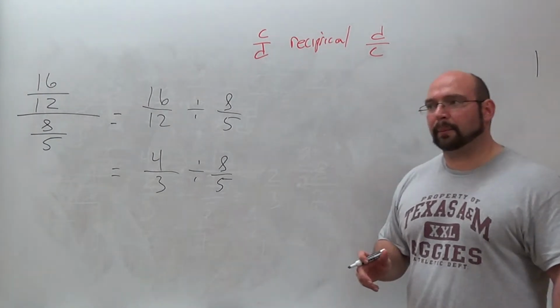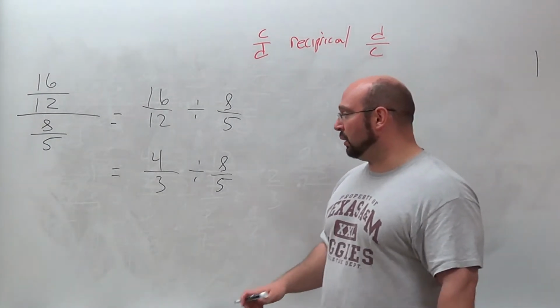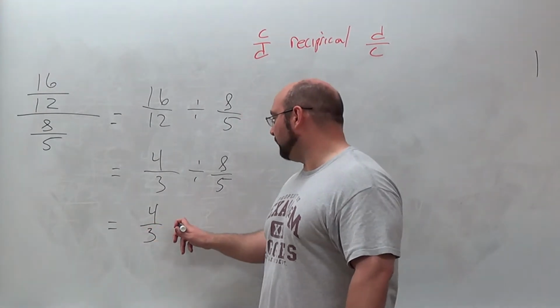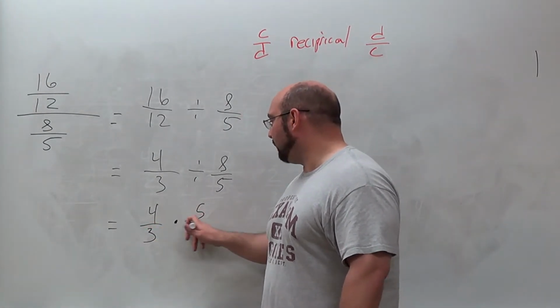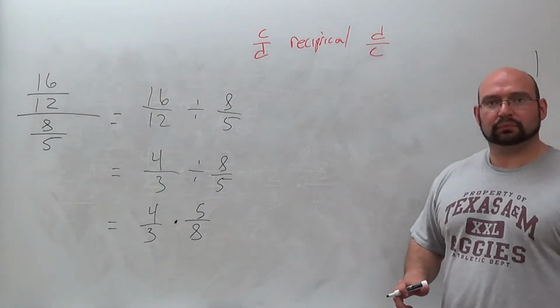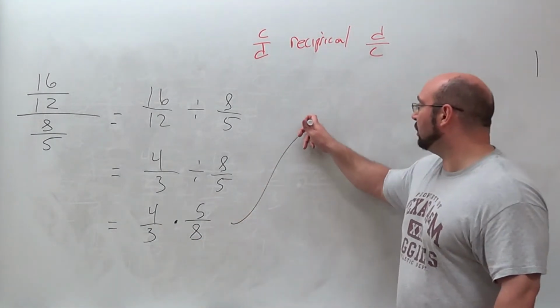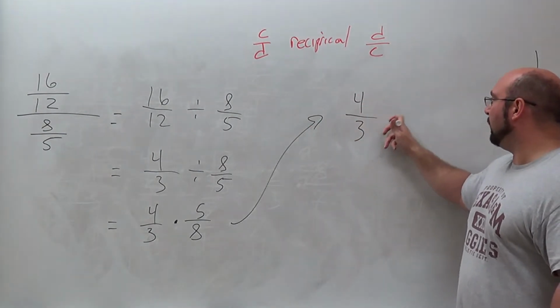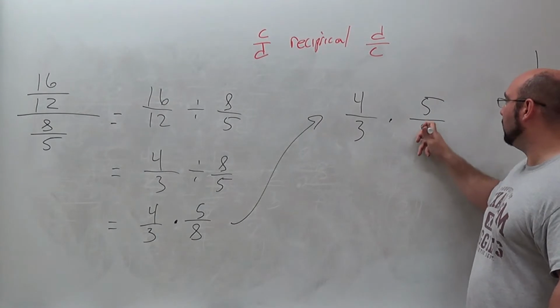8/5, right? So from here, I know that this is 4/3 times 5 over 8, right? I got my 4/3, I got my 5 over 8.